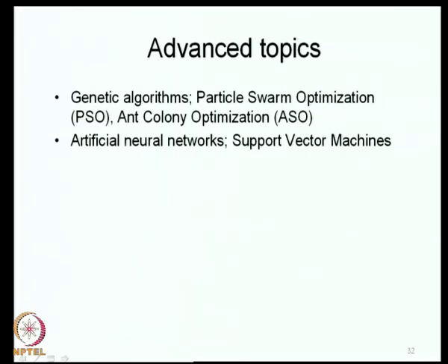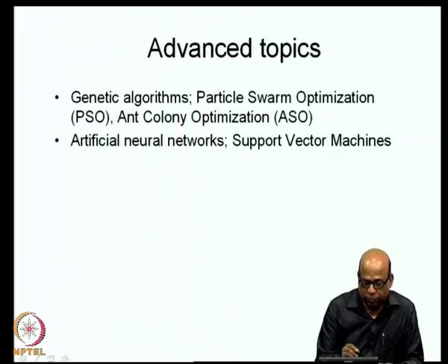Now, this was a preliminary course on water resource systems. There are several advanced topics. In fact, as I mentioned towards the end of this last application, the problems are extremely complex, and therefore, you cannot put them simply in linear programming or simulation models and then say these are the optimal solutions. You need to look at some advanced techniques, and these are some advanced topics that you can consider going through.